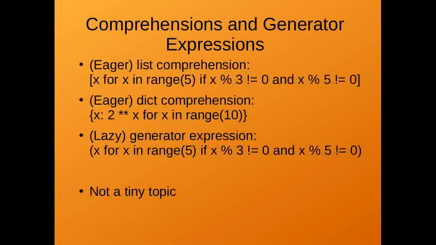So that will give us 1, 2, 4. And list comprehensions are eager. They will do what some people call a big inhale. They will build the entire list when the expression is evaluated.